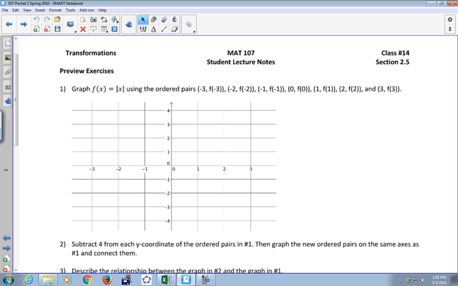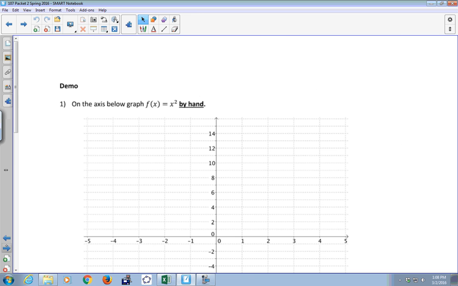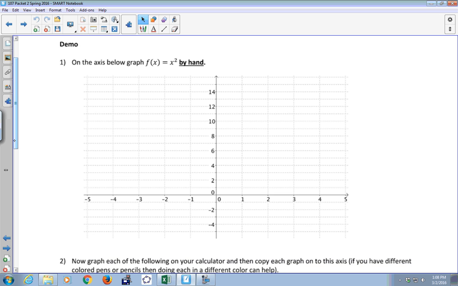Okay, so everybody looks pretty okay with the preview exercises. So I'm just going to jump to the demo here. If you want to graph f of x equals x squared by hand, then if you don't know what it looks like off the top of your head, you would just plot some points, right? You can just make a little f of x chart.